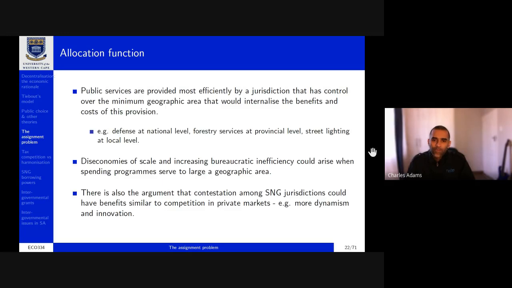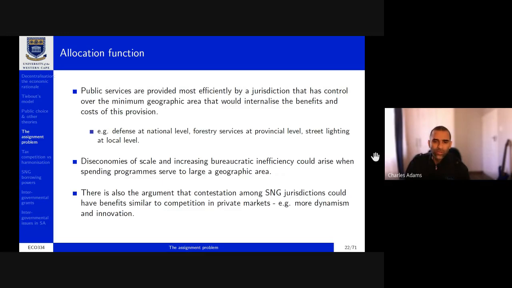So if you think of forestry services, for example, you might not want to have that as a national competency because some provinces may not require that service. You can think of the Northern Cape, for instance, might not be in much need of forestry services. And so it's perhaps best to have that competency at the provincial level.